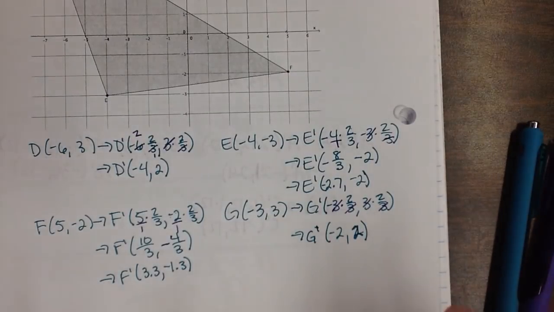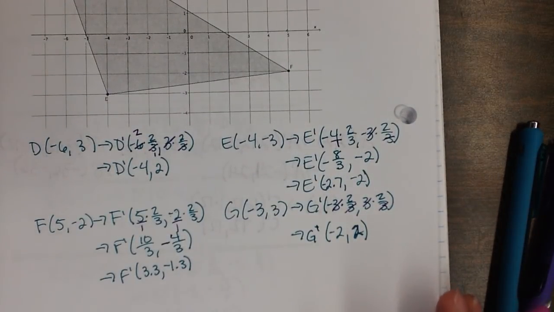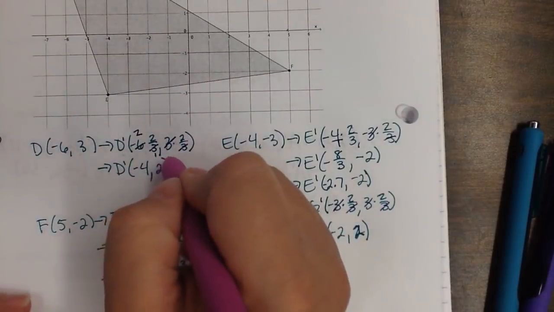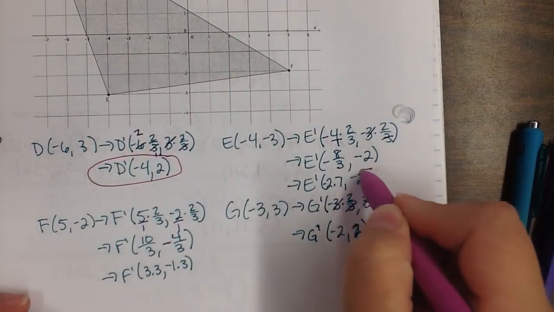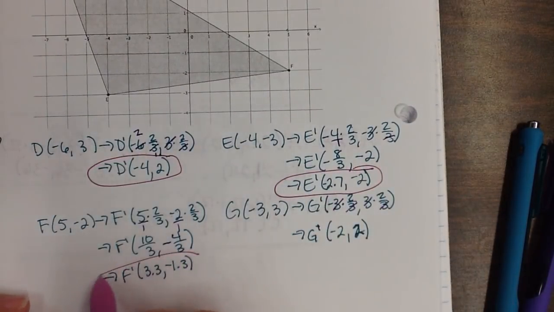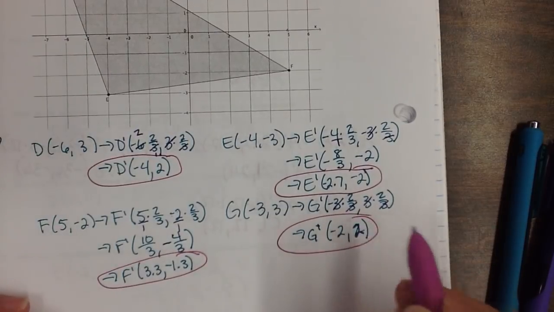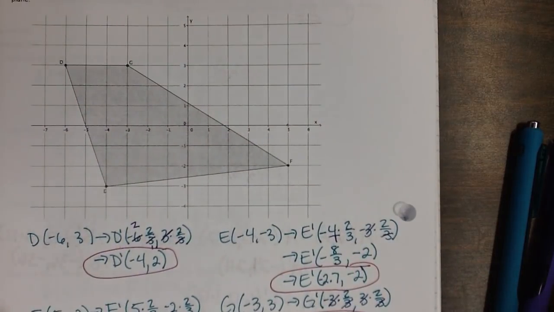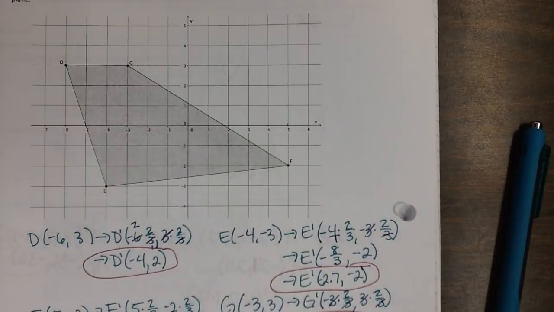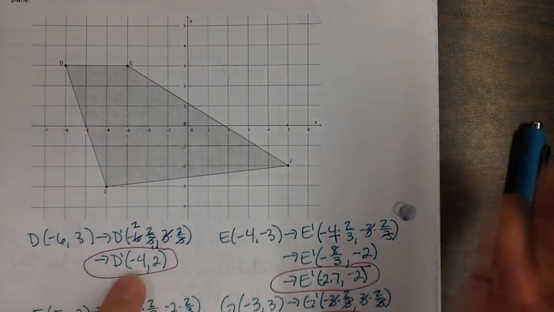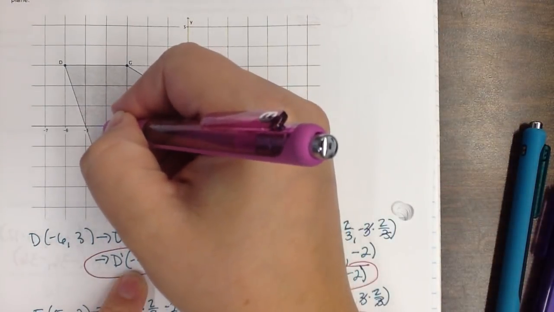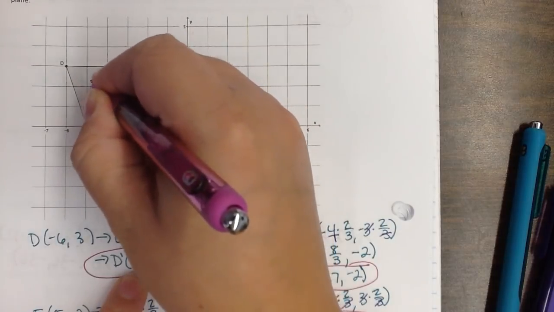So then, once we have our points, because it asks us to draw and label them, we're going to take our dilated points, D prime, E prime, F prime, and G prime, and we're going to graph them. Okay, so I'll use the pink. So at negative 4, 2 is D prime.